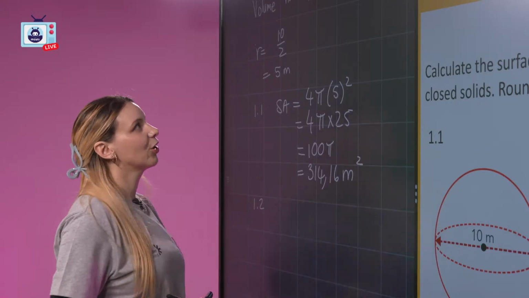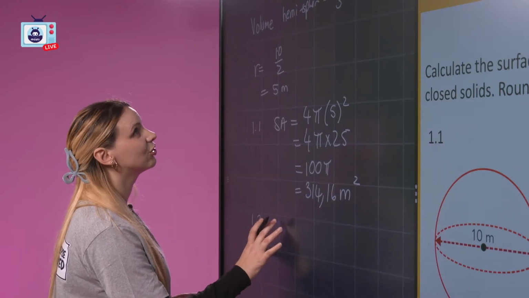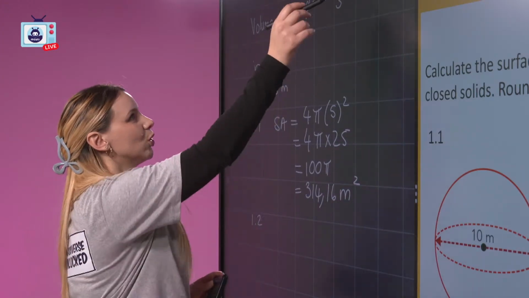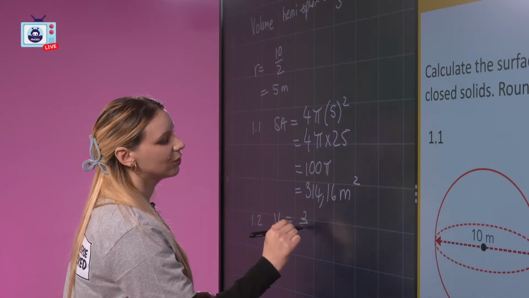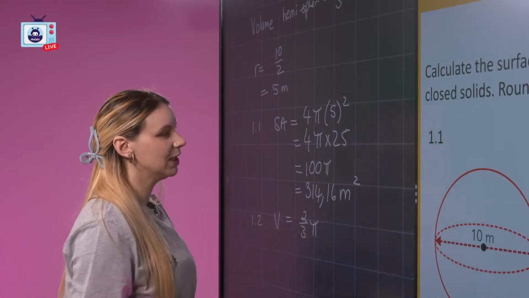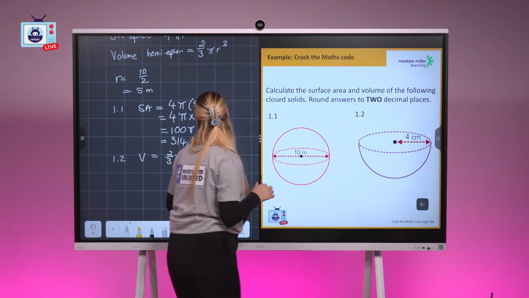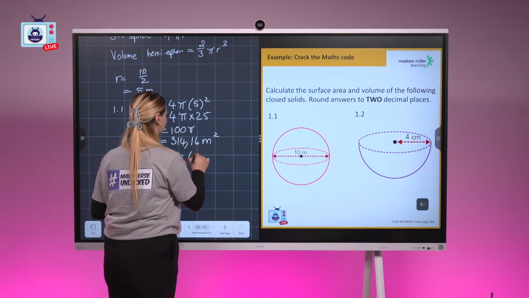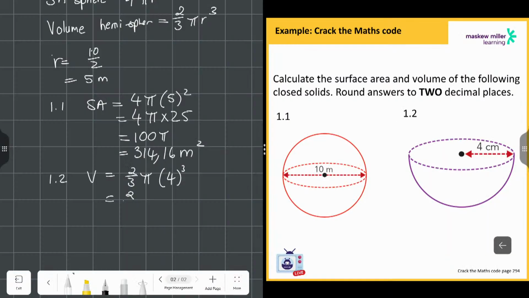The next one is 1.2. We are going to get the volume of a hemisphere. It's a closed hemisphere, so it's 2 over 3. So volume is equal to 2 over 3 pi r cubed, and we are given r. r is 4 centimeters, so we substitute it in. 4 cubed is 64.